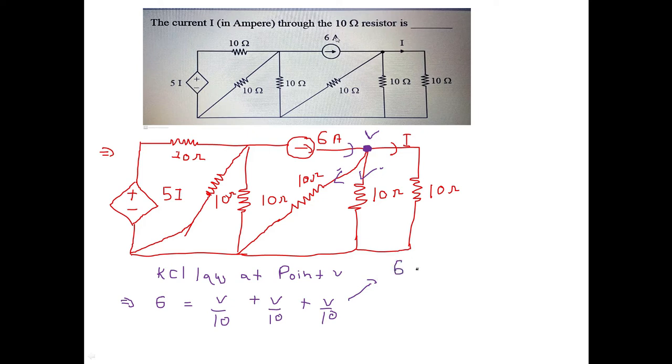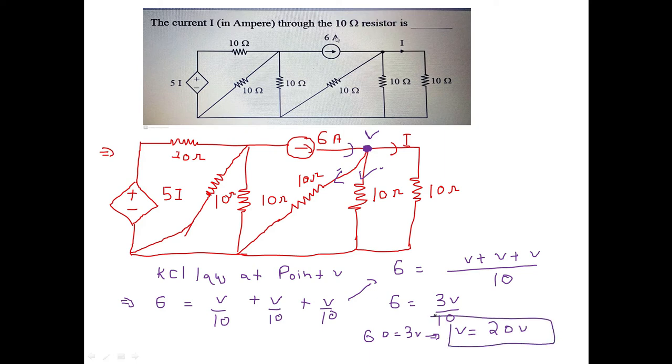Taking LCM 10, 6 is equal to V plus V plus V upon 10, so 6 is equal to 3V upon 10. 60 is equal to 3V, so V is equal to 20 volt. So the voltage across this particular point V is 20 volt.